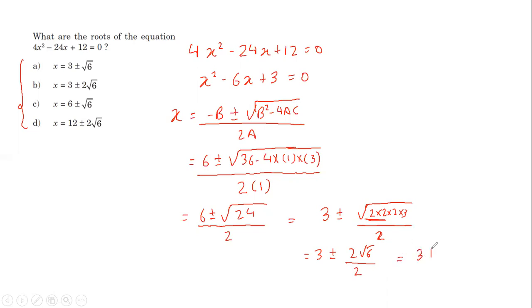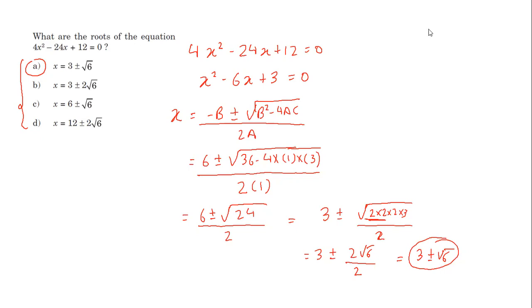So eventually it will be 3 plus minus root 6. So see, the options automatically came in this form, which is option A. So sometimes I have to use the formula, and sometimes I can do the middle term splitting and solve the particular equation. So I hope both the methods are clear to you to solve a particular quadratic equation.